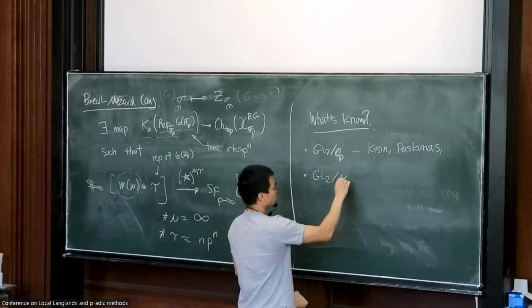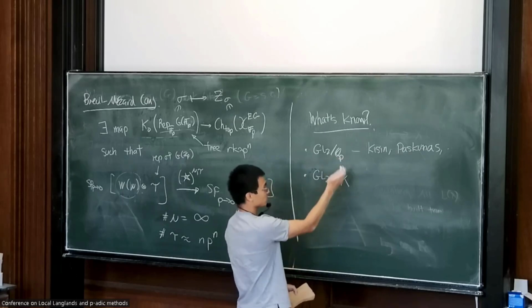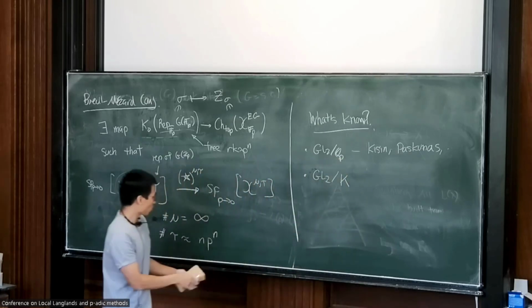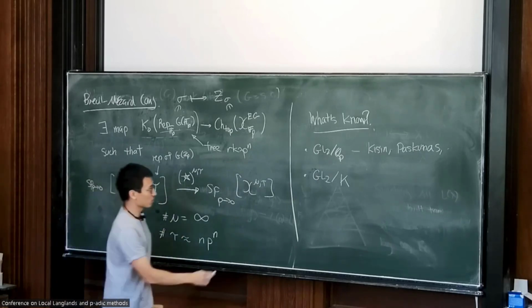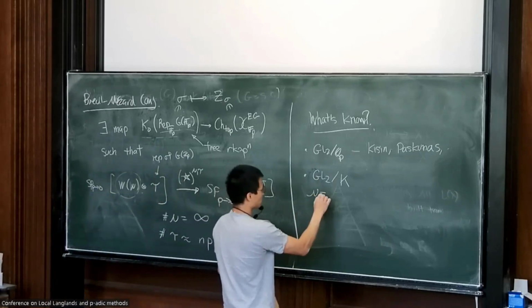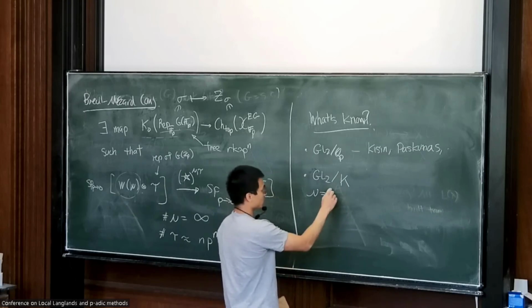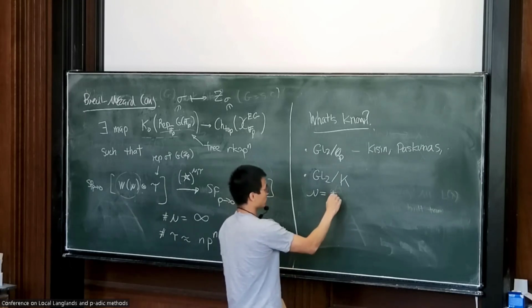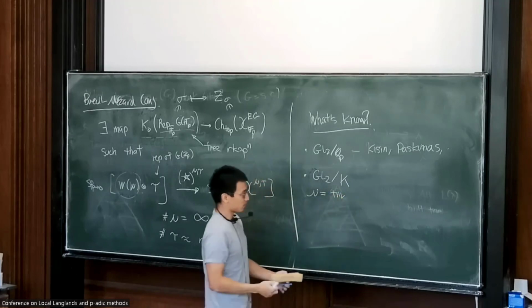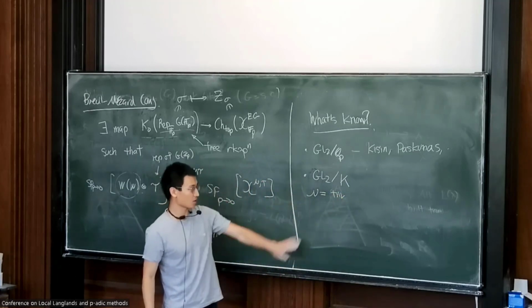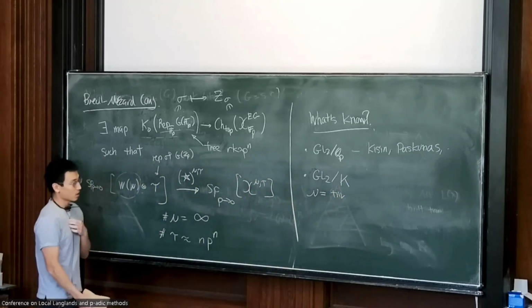The case of GL2 over finite extensions of Q_p, where one specifically takes mu to be, I think, trivial in my normalization. But from a Galois perspective, it's the Barsotti-Tate case, Hodge-Tate weights 1 and 0.